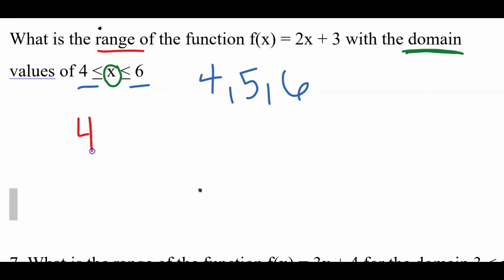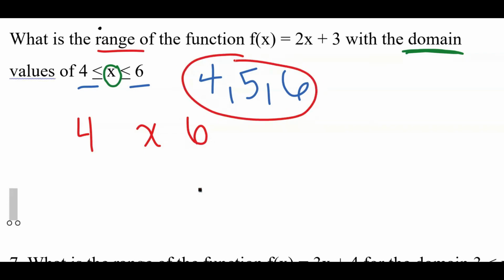So if I'm talking about my x values, if this was my set of numbers up here, 4, 5, and 6, my values of x are never smaller than 4. So I would say x is always bigger than, but it could also equal 4, because 4 is the smallest number. But 6 is my biggest number. x is always going to be less than or equal to 6. It never goes higher than 6.